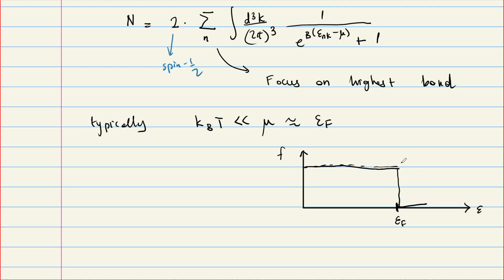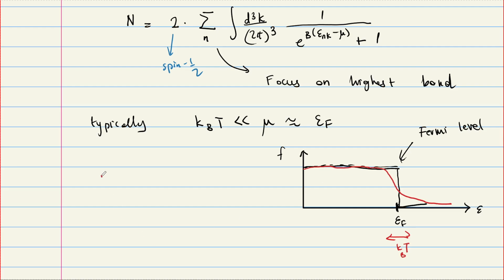So this is what we call the Fermi level. This is at T equals 0, and at finite T it smears out, something like that. And the amount of this smearing is k_B T.